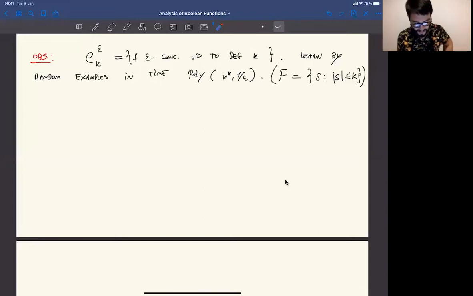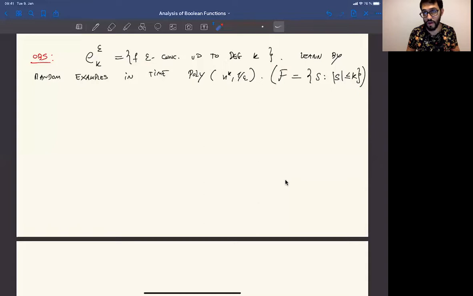Okay, so one of the classes you can learn is this one, for instance. If the class of functions is concentrated up to degree d, then we can learn that by random examples and time this, because you don't have to use any algorithm. You already know that your function is born with Fourier coefficients concentrated up to degree k, say.